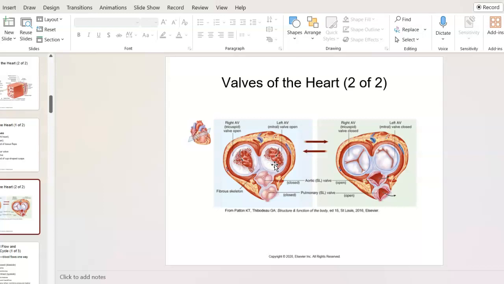When it's time to pump the blood out of the heart, the tricuspid and the mitral will close so we don't get backflow into the atria, and we will push the blood out to the body through the aorta and out to the lungs through the pulmonary trunk.